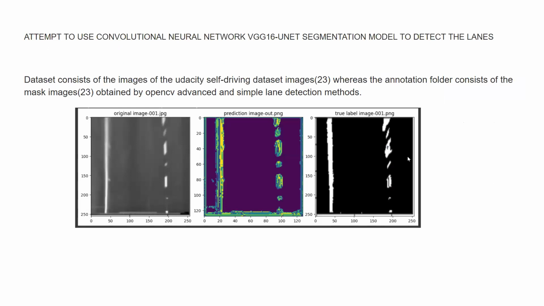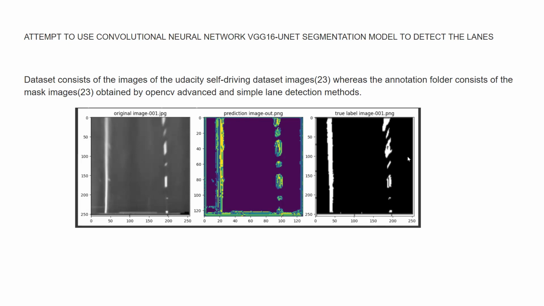Next, we tried to build a convolutional neural network, a VGG16 U-Net segmentation model, to detect the lanes. We created the dataset using images from the Udacity self-driving nanodegree program, and the label images are the images we obtained through the advanced computer vision technique and the simple lane line detection method.